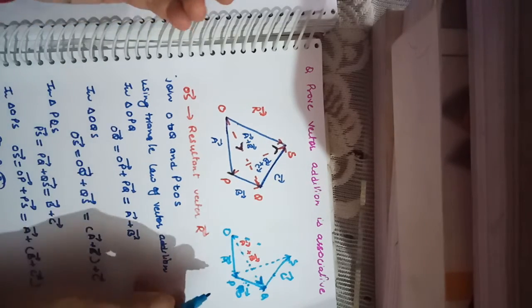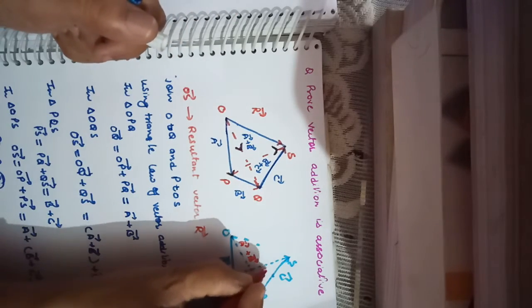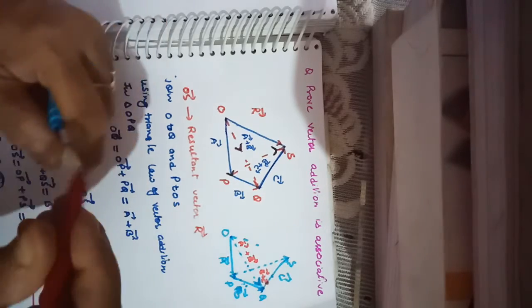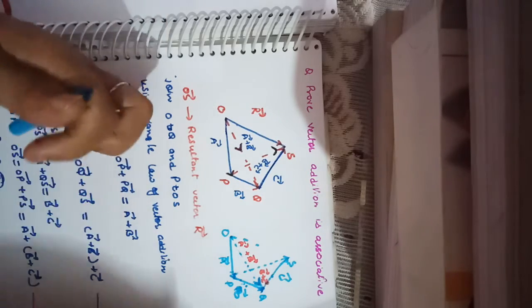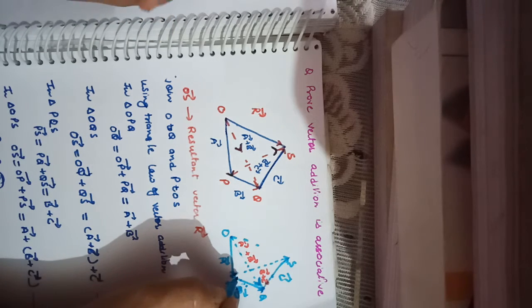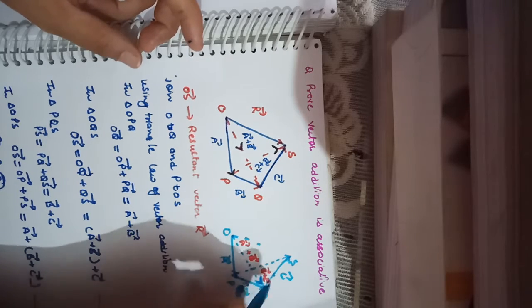Okay, so what is this vector? This vector represents B vector plus C vector. This resultant represents B vector plus C vector. Now see what we are going to do. Now this is another vector you have got. Okay, what is this?